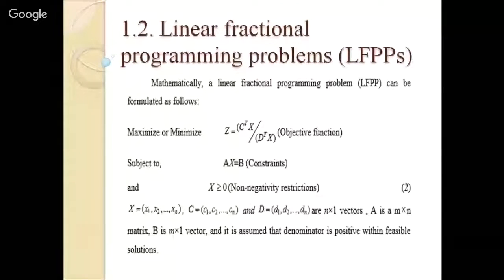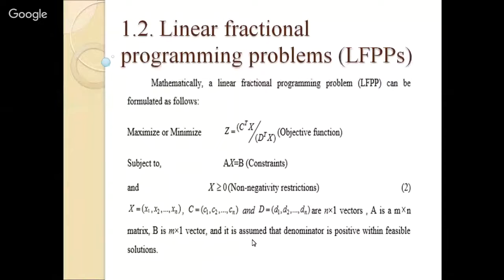Here we assume that in the feasible region the denominator is always positive; otherwise, if it becomes 0, the objective function becomes infinite. So to define this problem, we must assume the denominator is positive, so that we can find an optimal or finite solution.